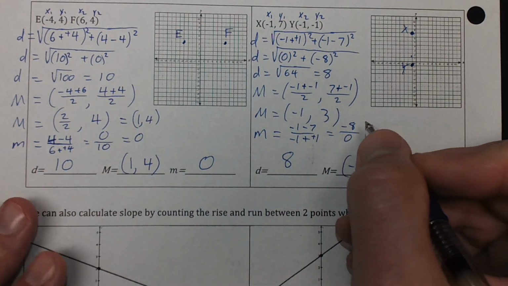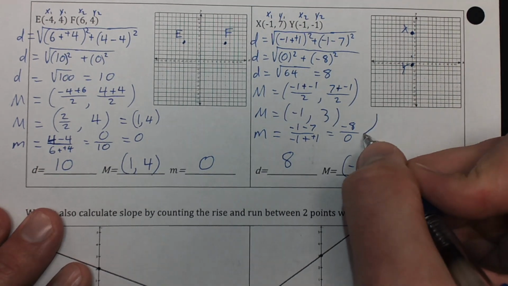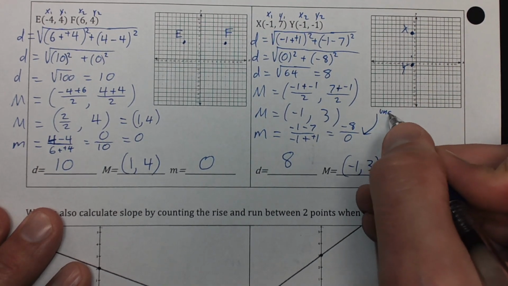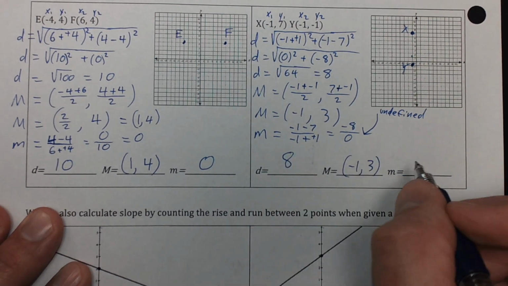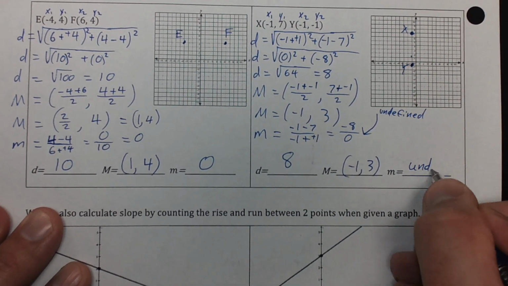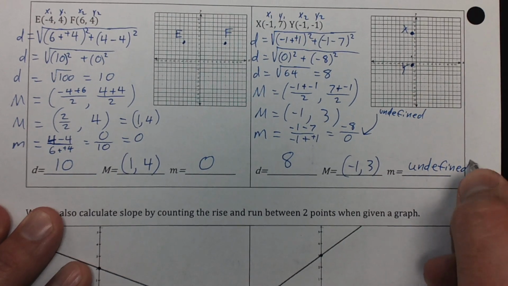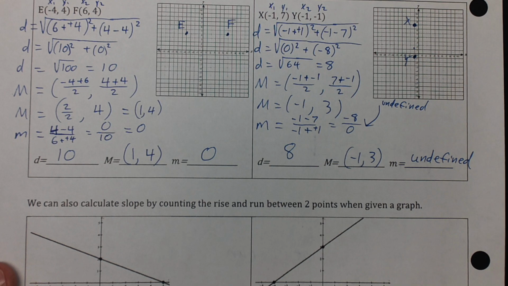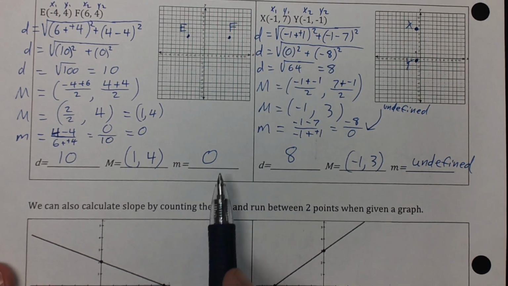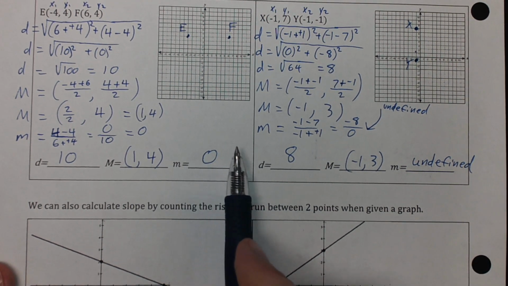And remember, whenever you're dividing by 0, that means this is undefined. So what is your slope? Your slope is also undefined. So you have two extreme examples here. Normally our slope would be some kind of fraction or some kind of number.